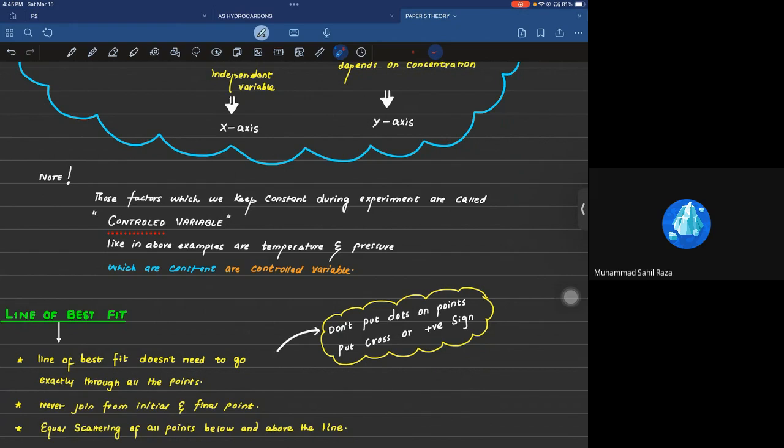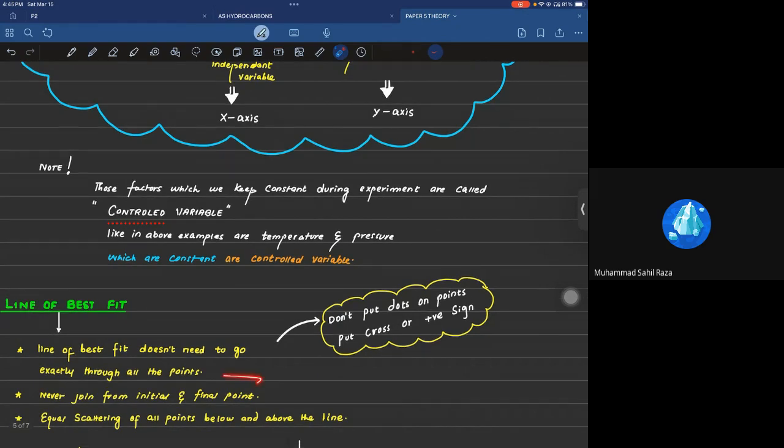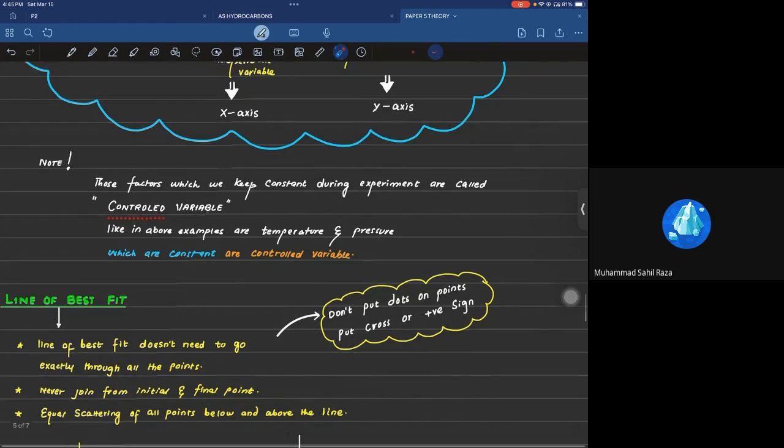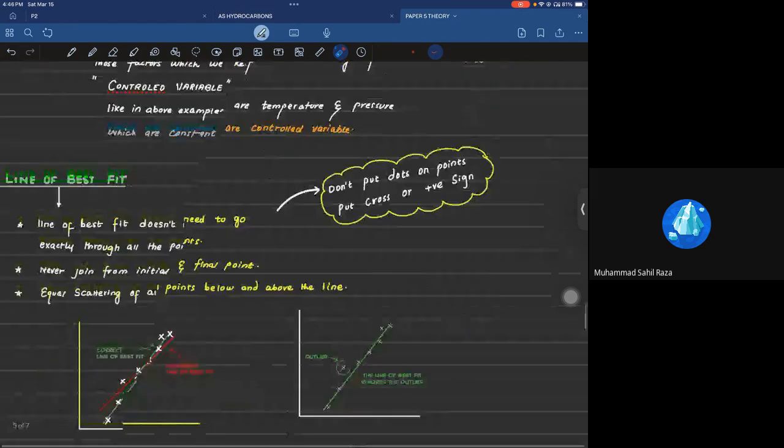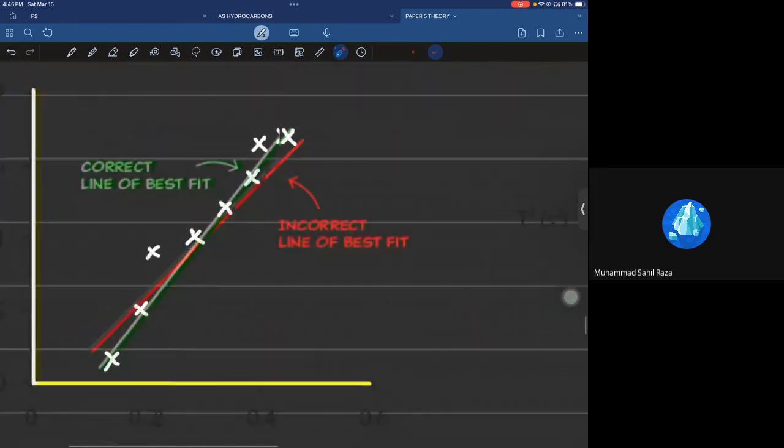So never join the initial and final points. Rather, you have to see the points that you have plotted. You are supposed to do equal scattering of all the points below and above the line. Just like that.